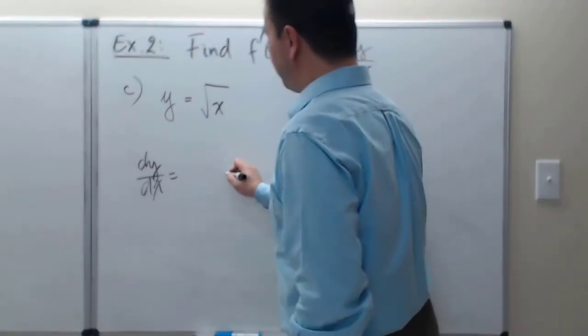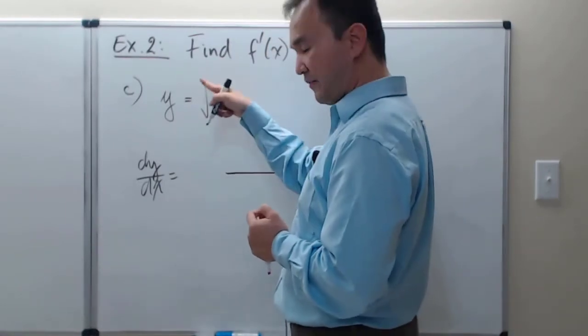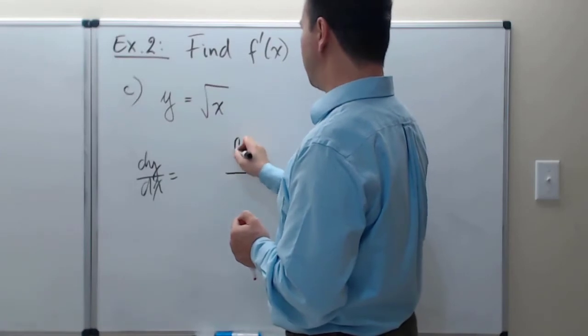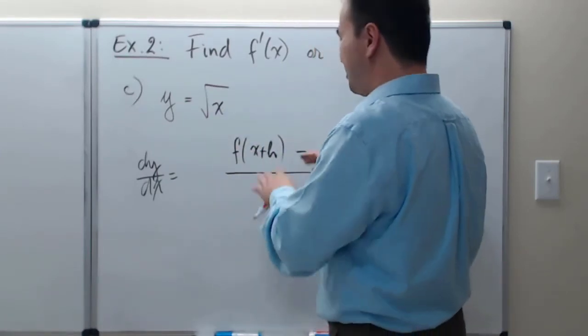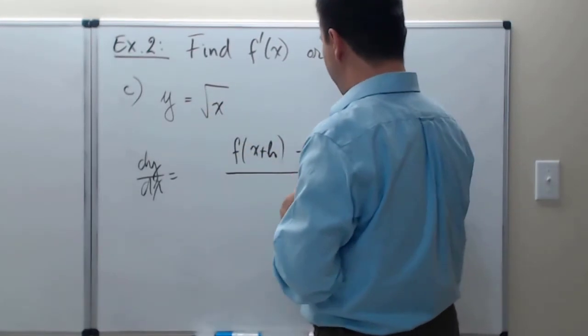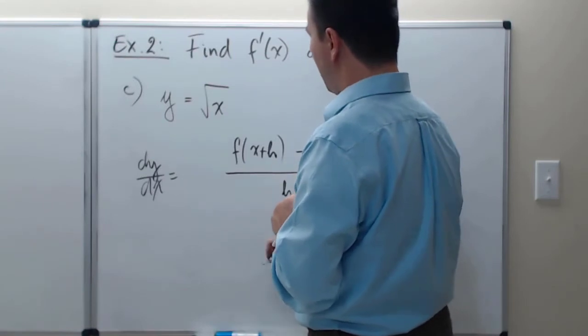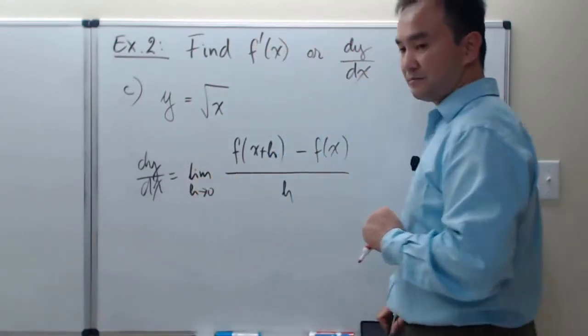But the starting famous setup again, of course this is still f of x. So we're looking at f of x plus h. It never hurts to write it like that, even though we didn't know exactly what f was, but it's this function. Minus f of x, over h, take the limit as h goes to 0.